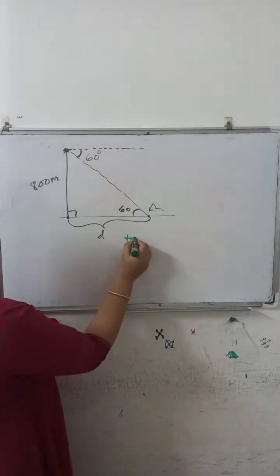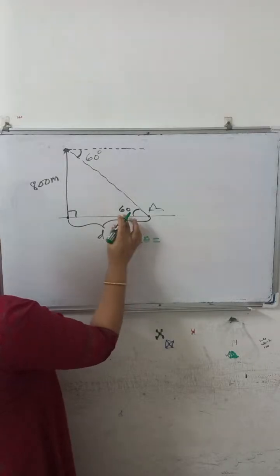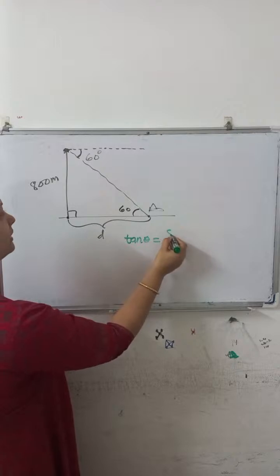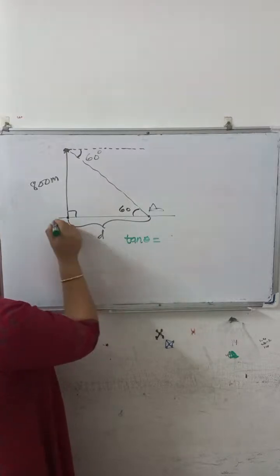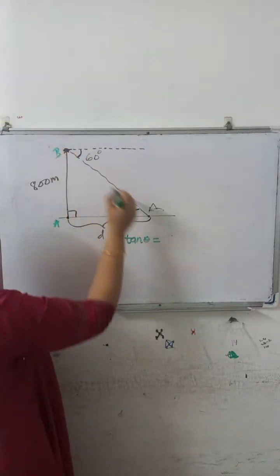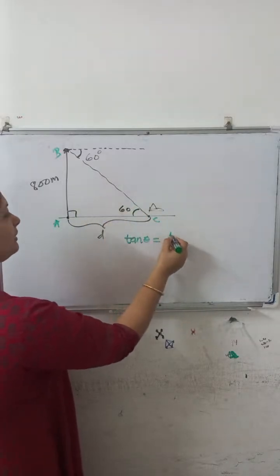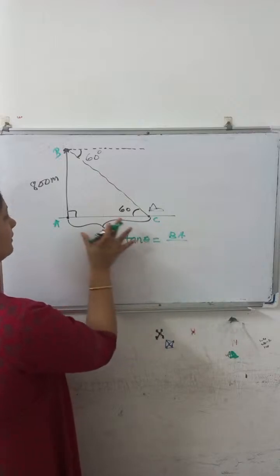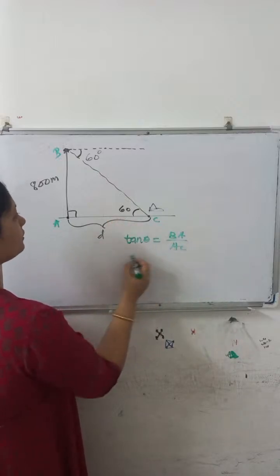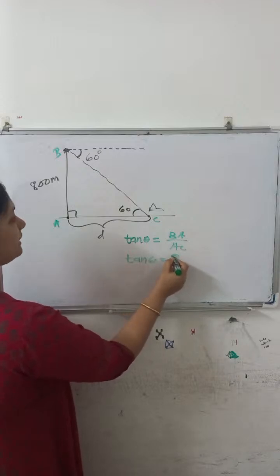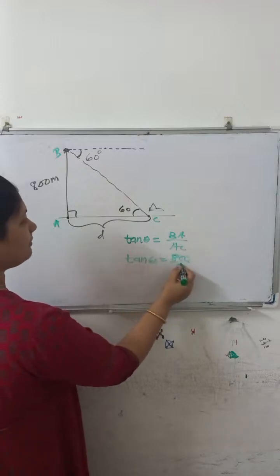It's easy, no? You can apply tan theta, because we know opposite and we have to calculate the adjacent. So here if you take this as A, B and C, tan 60 is 800 divided by AC.